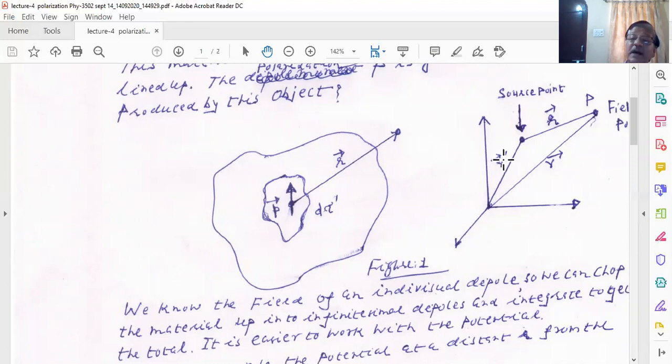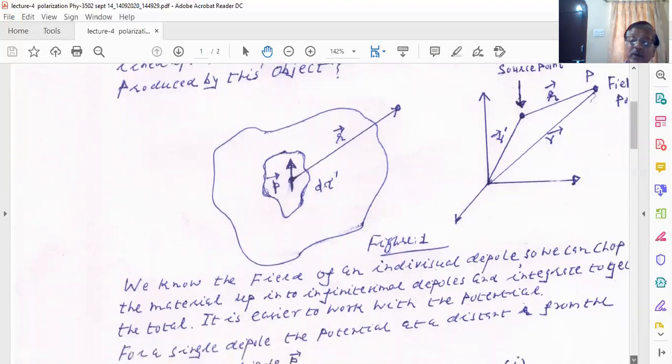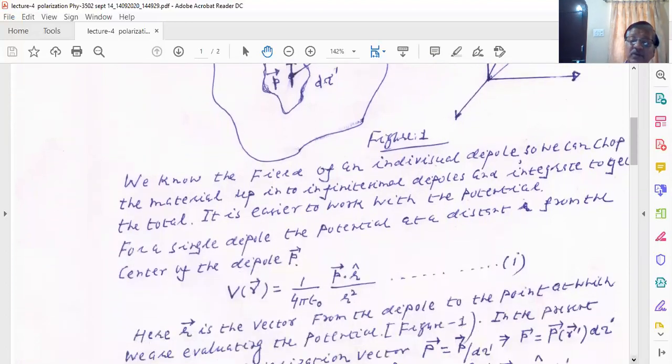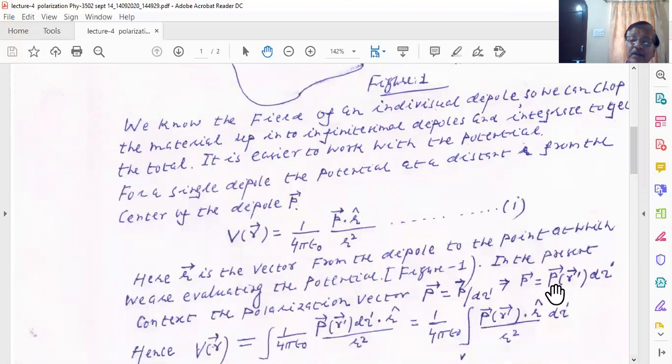We are calculating the dipole moment per unit volume at this location, so each individual dipole moment is equal to the polarization vector P into the volume element d tau prime.